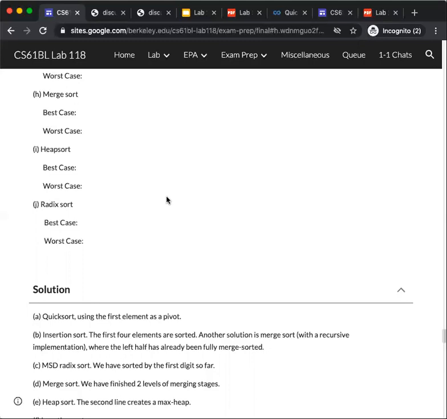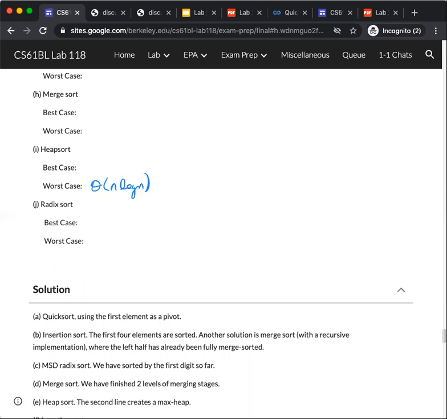Since the bubbling procedure takes log n, because heaps have at most log n levels, the worst case is going to be n log n, right? And in fact, if you visualize what the heap would look like in the worst case, it's when all the items are distinct, okay?